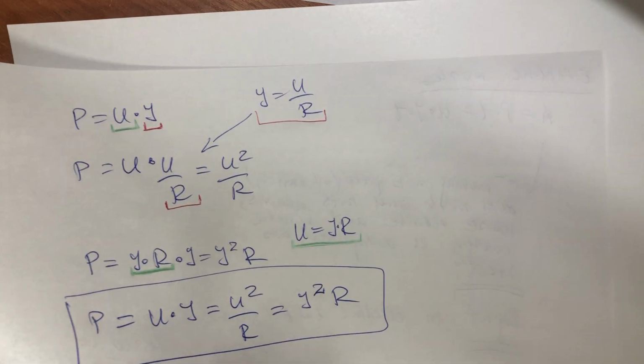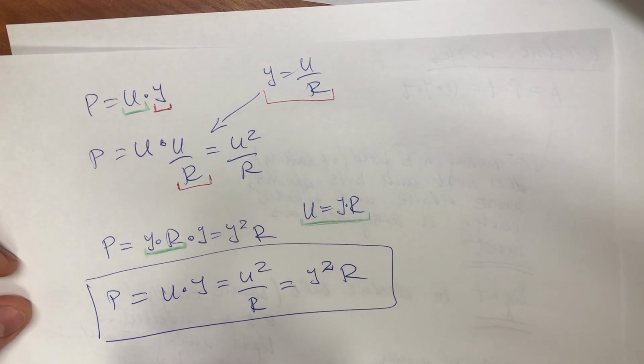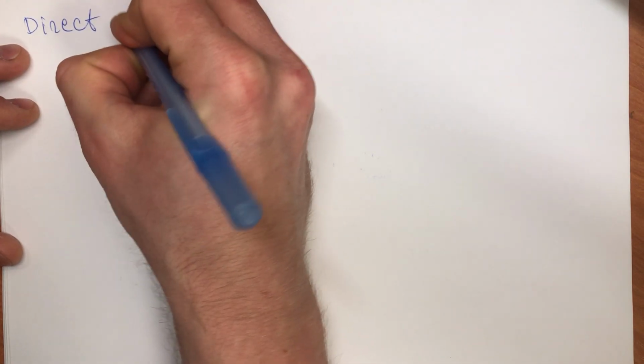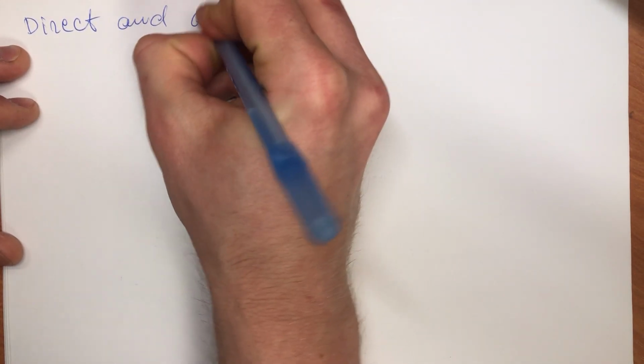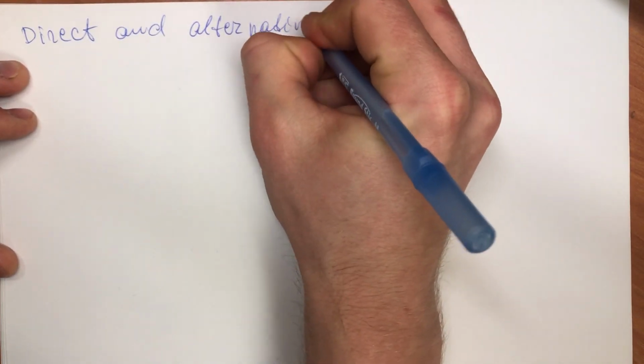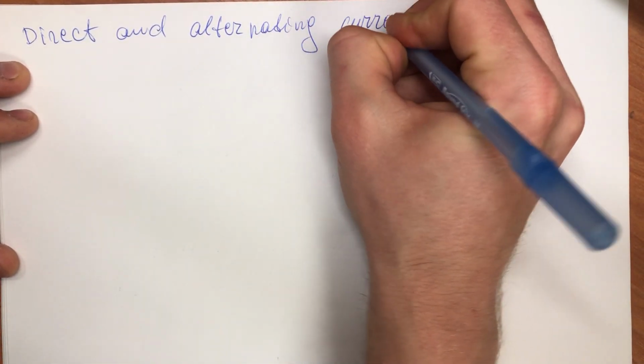Now, what else I want to tell you is that there are two forms of current: direct and alternating current.